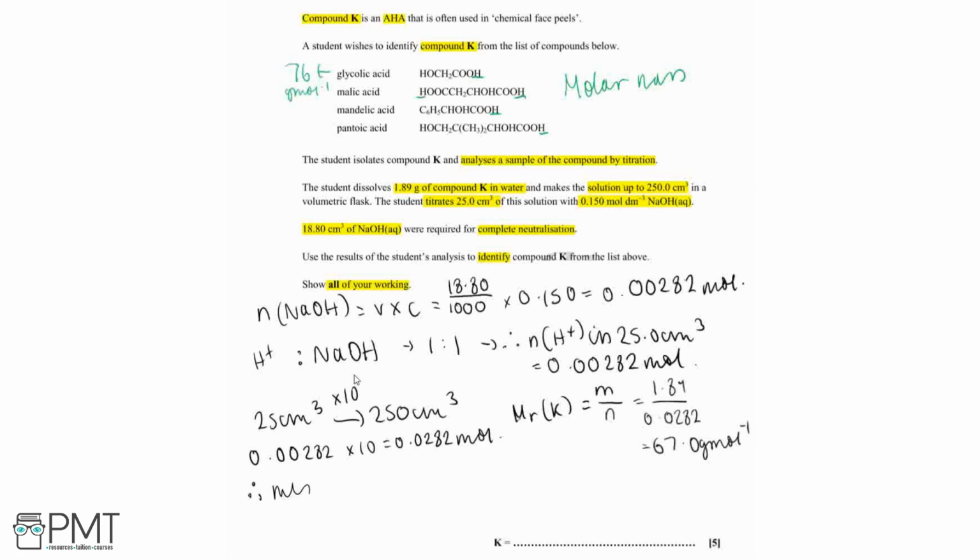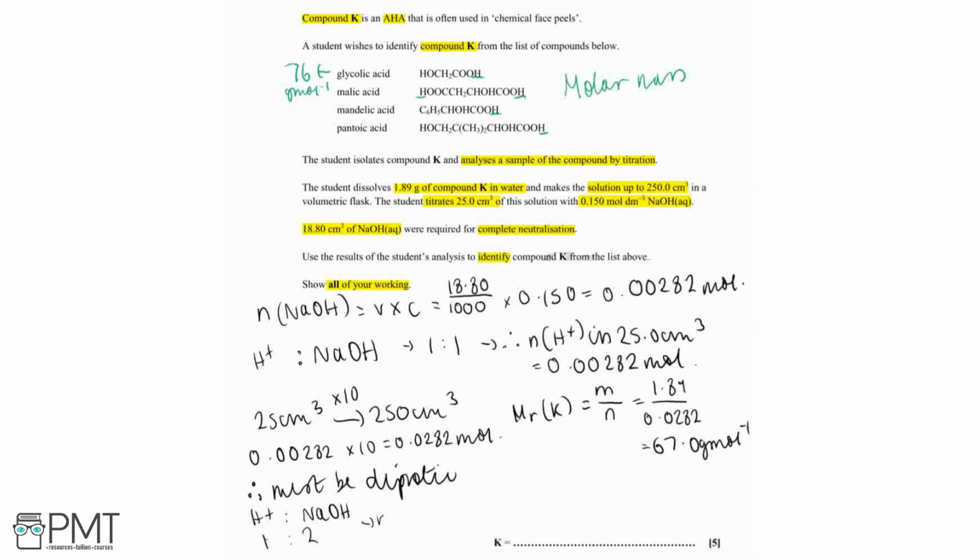Therefore our acid must be diprotic, and this will affect our ratio, because now instead of having a 1-to-1 ratio of our acid to our sodium hydroxide, we now have a 2-to-1 ratio instead.